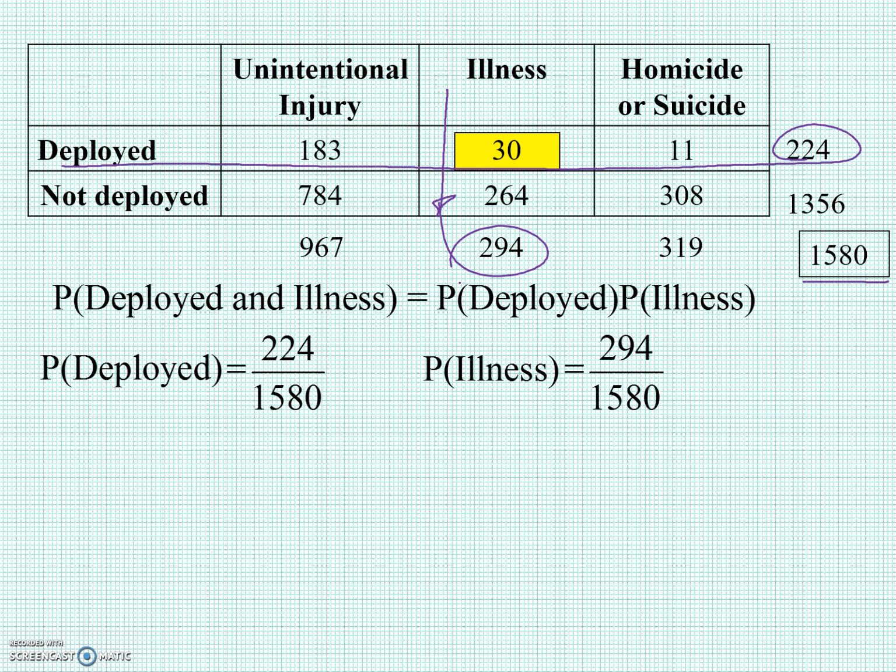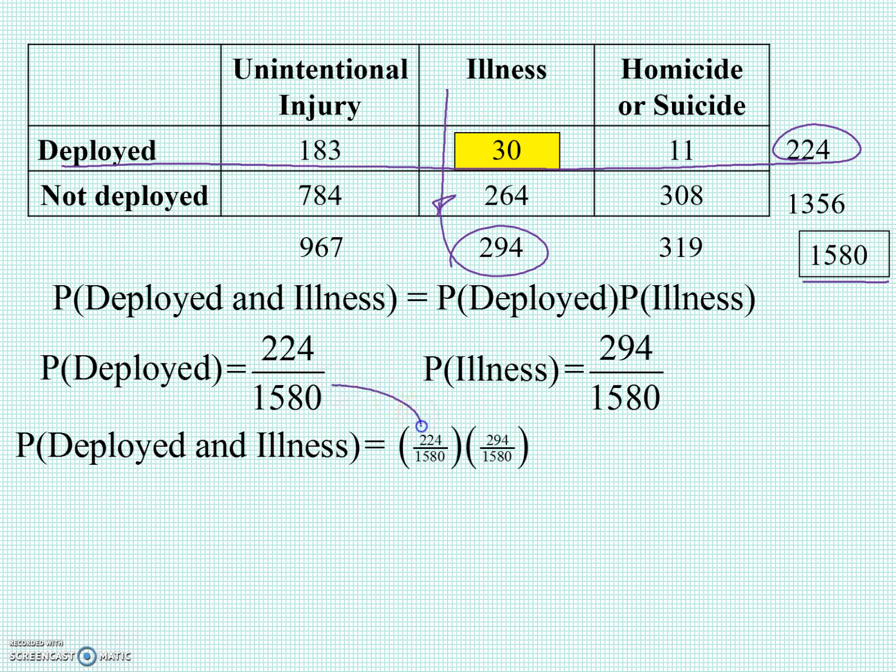To find the probability of deployment and illness, we just multiply these two probabilities together. 224 over 1,580 comes from there, and this one comes from here. I multiply those together and I get 0.02638. So the probability that someone is both deployed and dies of an illness is 0.02638. That is out of my entire population.